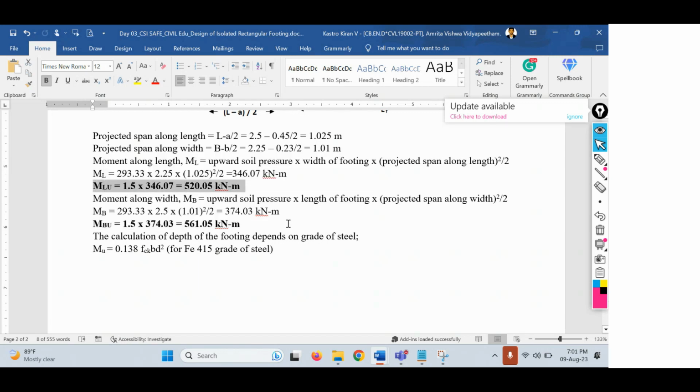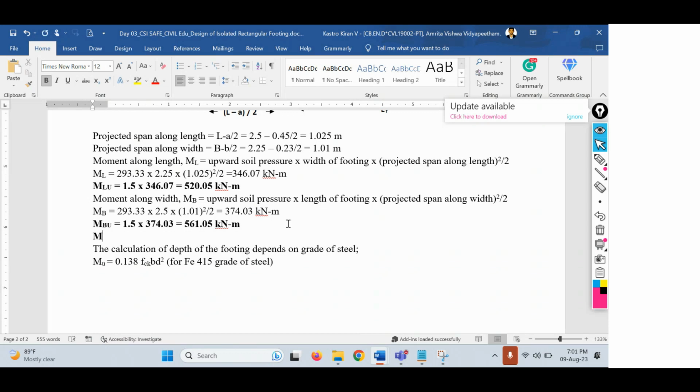Whichever is the largest value will be your maximum moment. When you design for maximum conditions, the safety will be very good. So Mu is the largest of MLU and MBU.